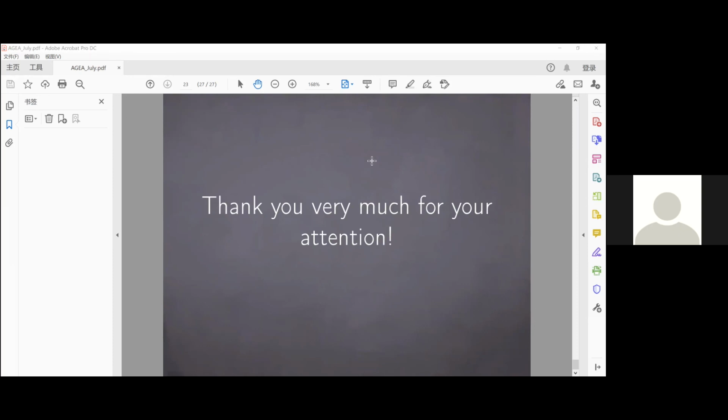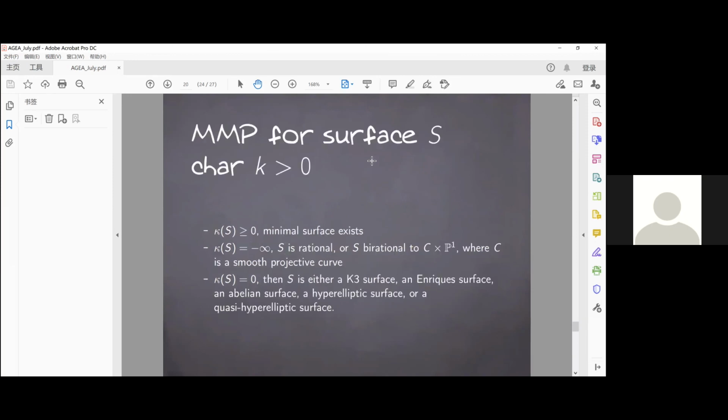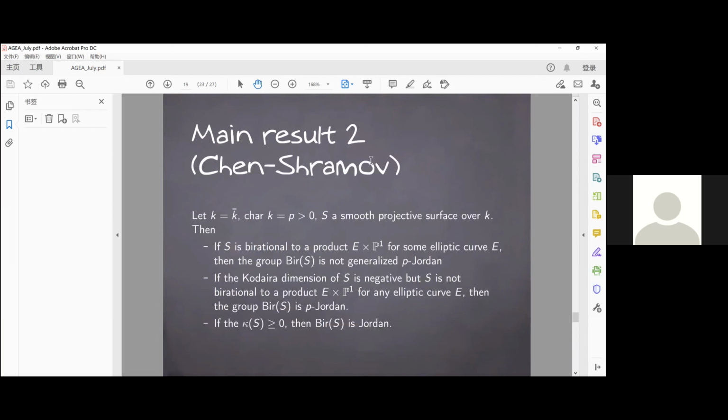If you consider the automorphism group of a not necessarily projective surface, so if S here is not projective and you consider its automorphism group, can you get some result like Aut(S) has to be pseudo-Jordan or generalized pseudo-Jordan? I think here we cannot get a better result than Hu Fei's.